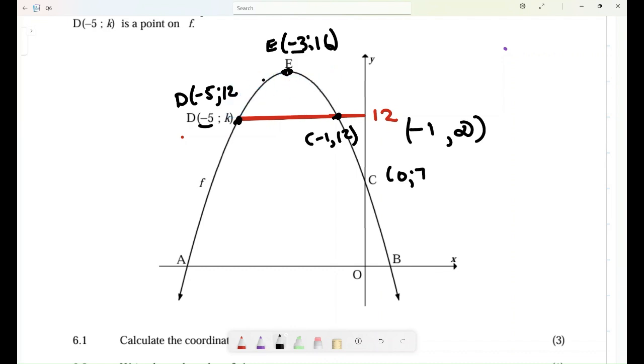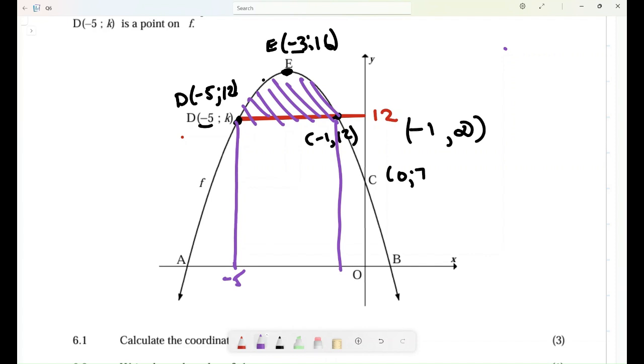So you agree with me that between where x value is negative 5 and where x value is negative 1, your graph will have coordinates that are greater than or equal to 12.